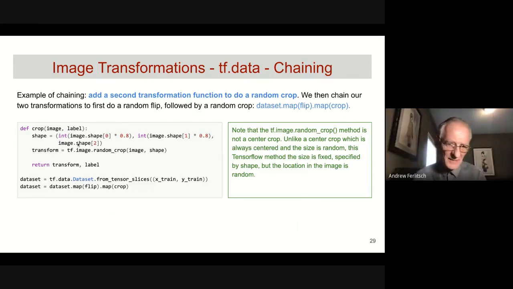It's just going to be 80% of the original image. Again, it's going to output the transformed image and the label. Now, when I have a TF dataset, I can just chain together these two transformations. So I'm going to first map the flip, and then I'm going to map the crop. So when this item is actually pulled from the dataset, it will first go through the random flips, and whatever comes out of the random flip transformation will then be the input to the random crop transformation.